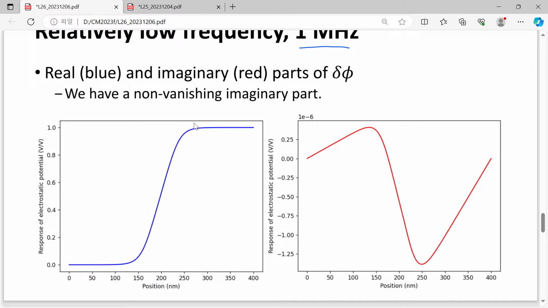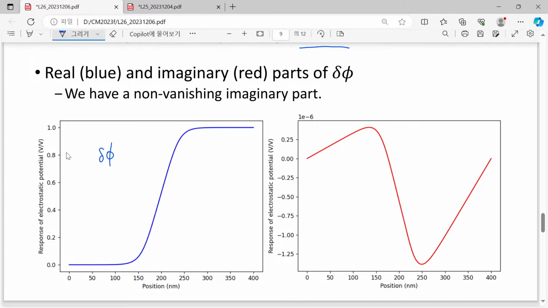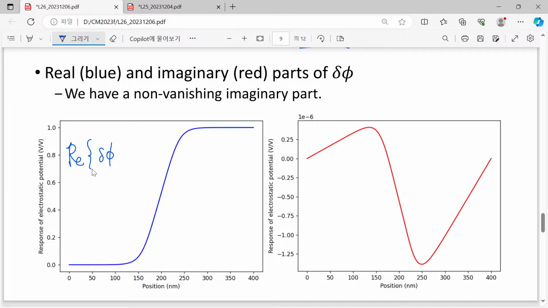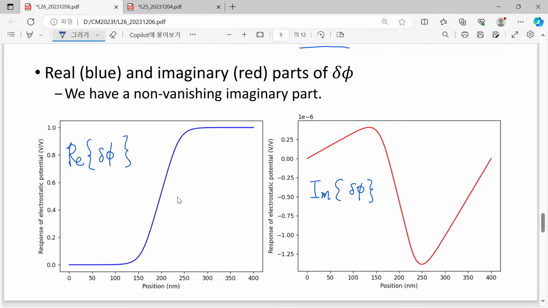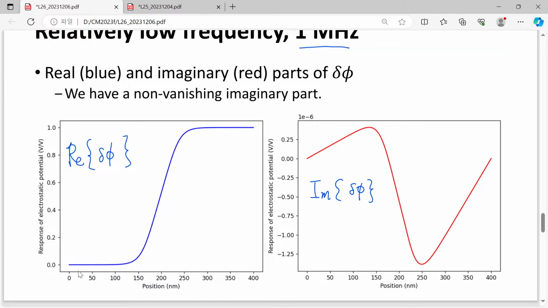So you have delta phi, but you can take the real of delta phi and you can find the imaginary of delta phi. They are drawn in this slide. You can see that the real part looks quite similar to our previous one. Here we have positive 1 and 0 for anode contact and cathode contact, and in between we have change of potential. Yes, this is nothing new.